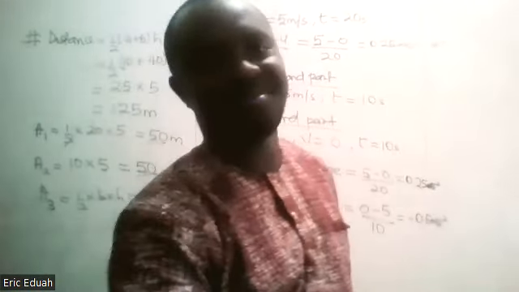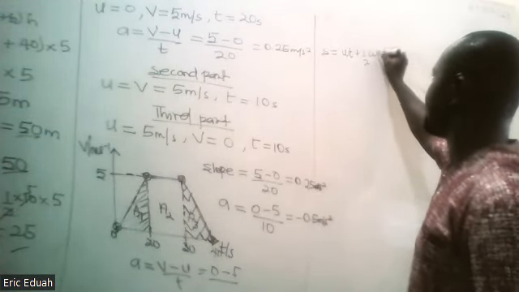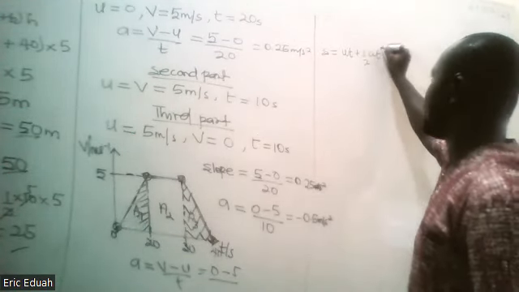All right, so let's use the equations of motion. So it's s equals ut plus half at squared. The motion starts from rest.